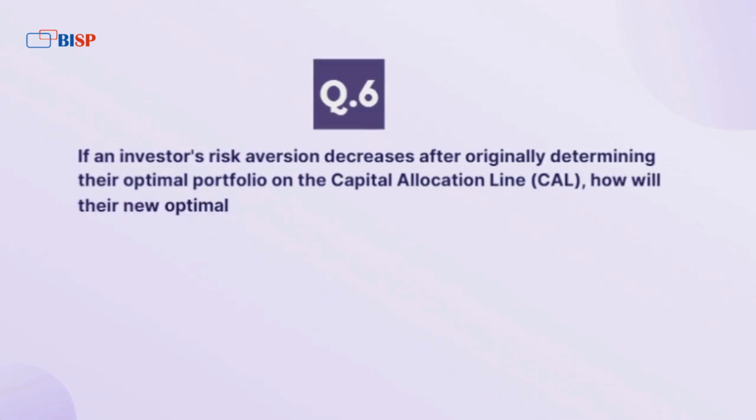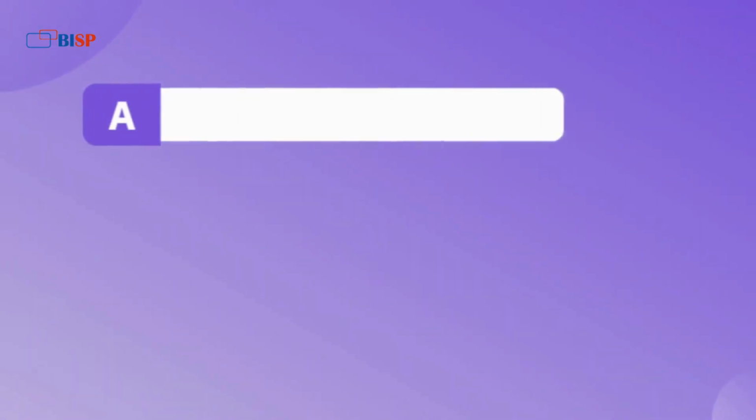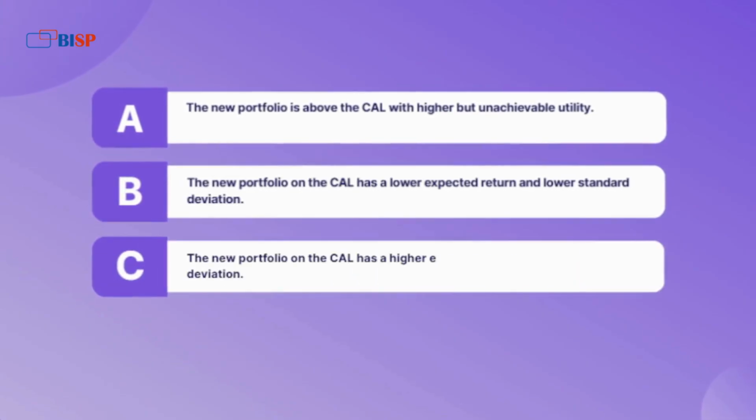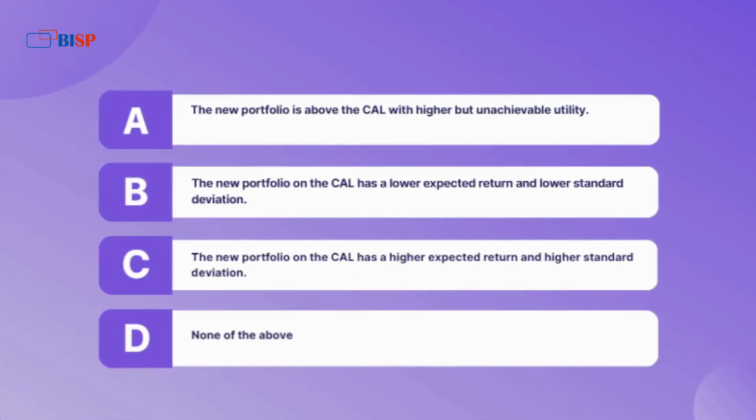If an investor's risk aversion decreases after originally determining their optimal portfolio on the capital allocation line, CAL, how will their new optimal portfolio most likely change? A. The new portfolio is above the CAL with higher but unachievable utility. B. The new portfolio on the CAL has a lower expected return and lower standard deviation.